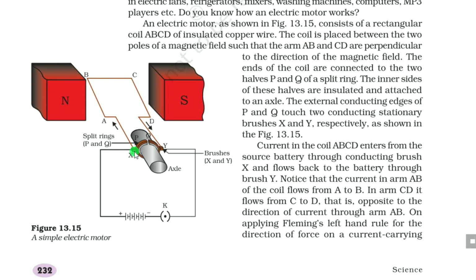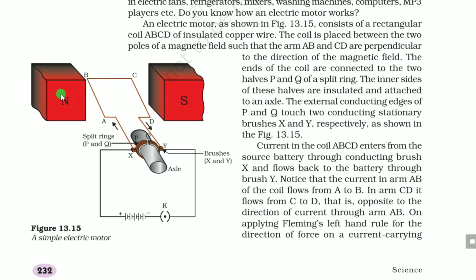Okay. So in the meantime one position will come when, in between the split ring, there is an open portion, a blank portion. If this blank portion comes to Y, then of course the remaining blank portion will come to X. In that situation no current will flow in the conductor.